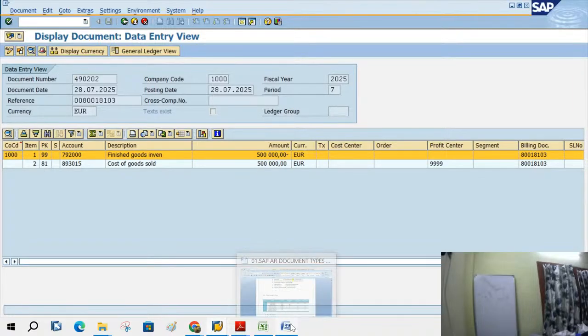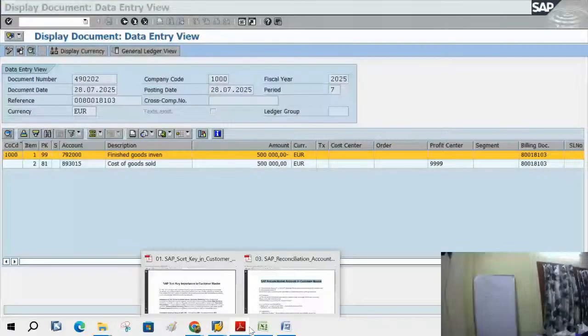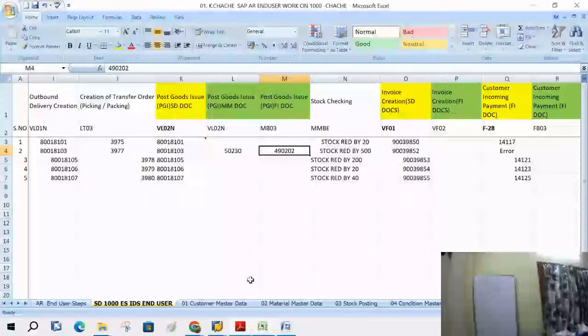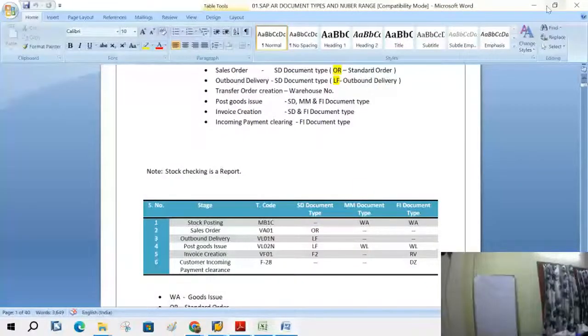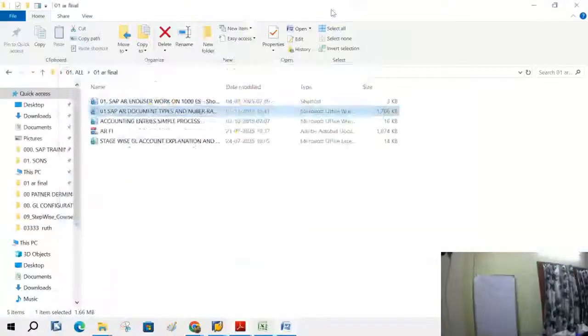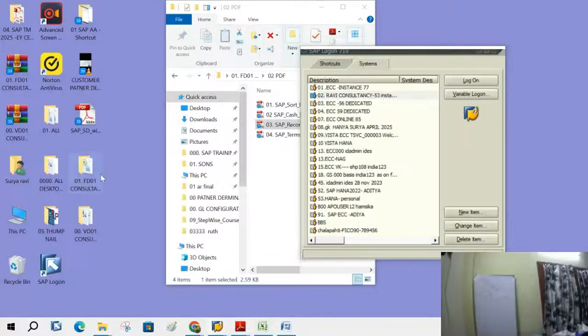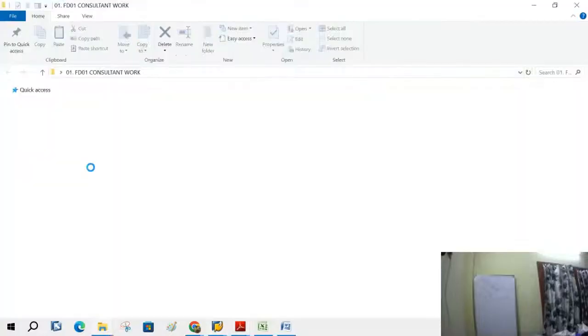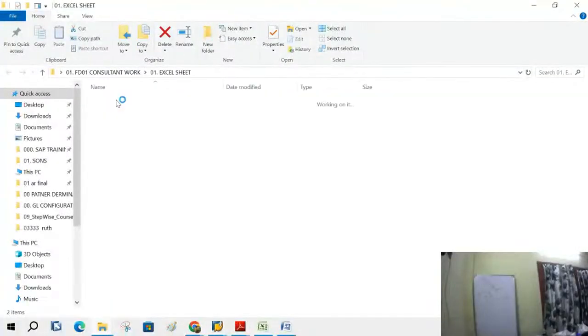Now I have to know which GL account is required, yes or no? Again I have to go and take out the GL account. What is the next stage I'm talking about? Post goods issue, correct?